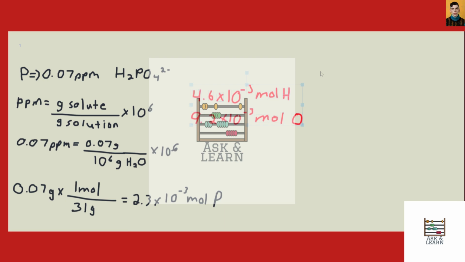I just realized that. Since if we look at our H2PO4, the ratio of molecules of H2PO4 will be equivalent to the number of phosphorus. So the number of moles we have of H2PO4 is going to be equal to that of our phosphorus.